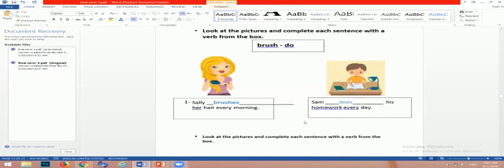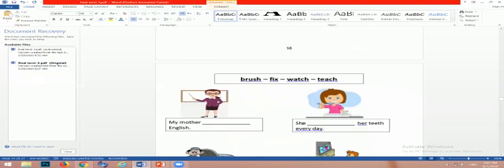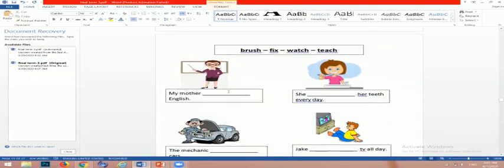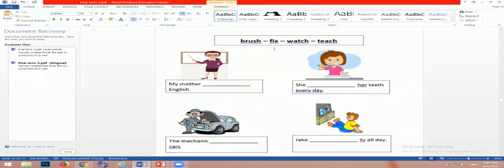I added ES with the third person. But if I use I, I will leave the verb as it is, go. I go to school at 7 o'clock.